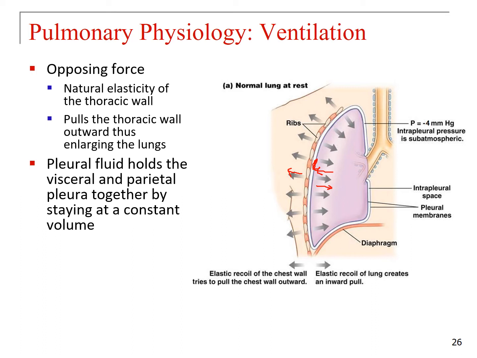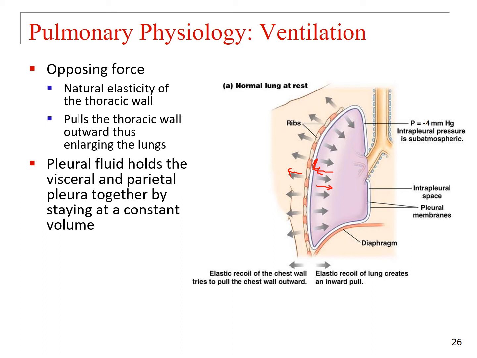Now, let's say that you're doing just the opposite and you're exhaling. As the lung tissue recoils and comes back inwards, it's going to drag the pleural cavity inwards, creating a little bit of a partial vacuum, which drags the chest wall in along with it.